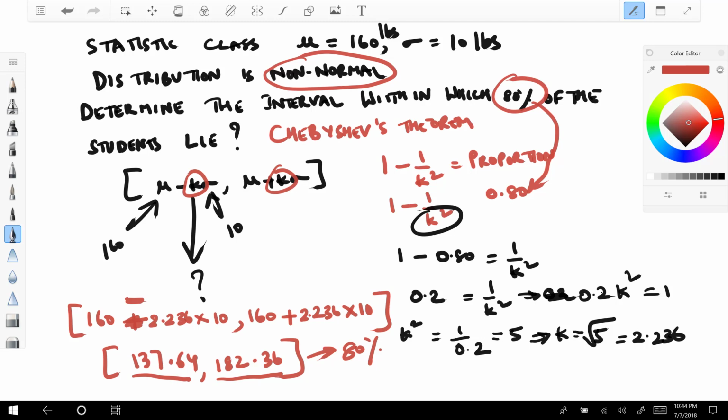One of the important things is that Chebyshev's theorem is used irrespective of any shape, and these are only approximations, they are not exact values. So this concludes our lecture on Chebyshev's theorem. Thank you.